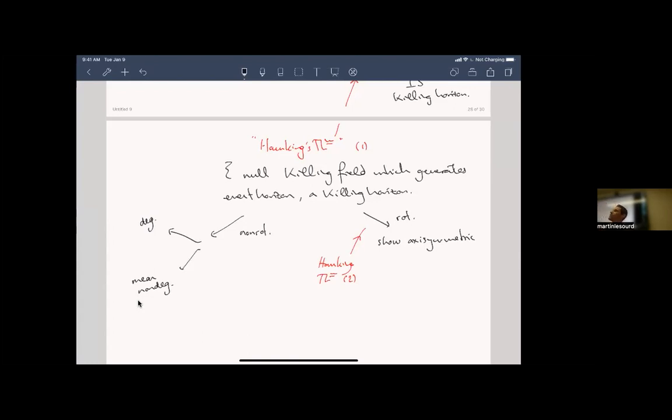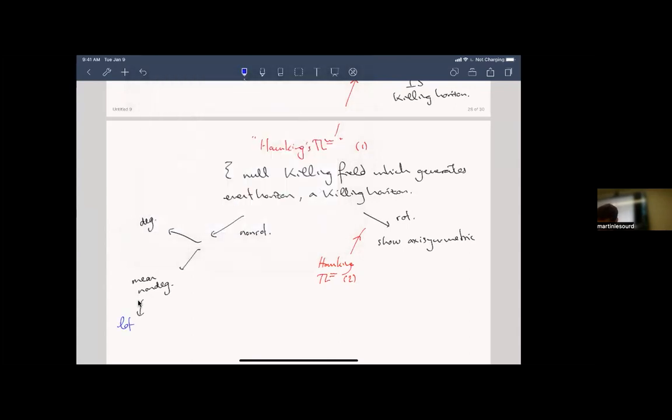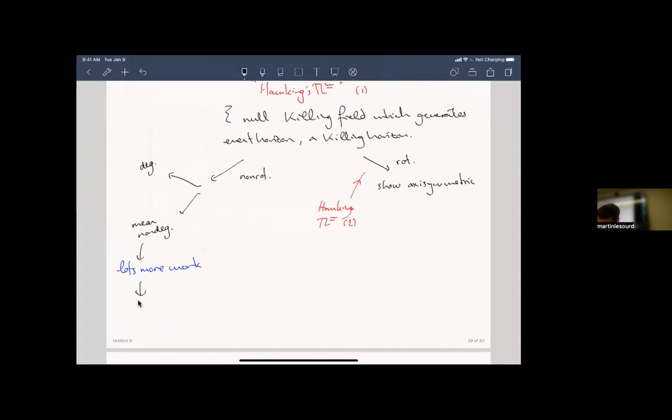Mean non-degenerate is just that when I take the average, it's non-zero. And degenerate means it's identically zero. So for mean non-degenerate, you have lots more work, which I'll put in blue. And you get Schwarzschild.